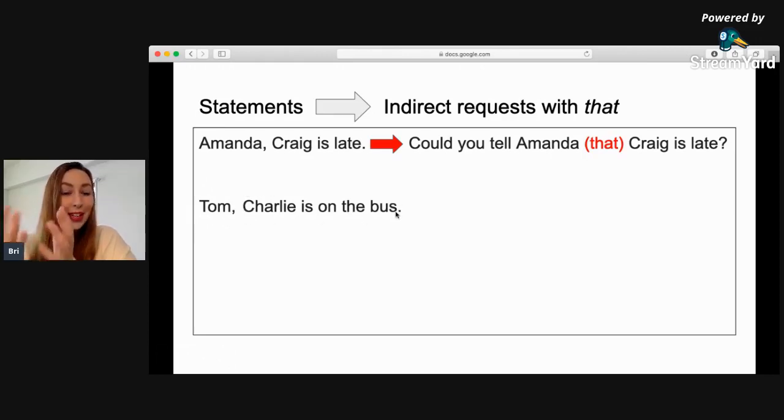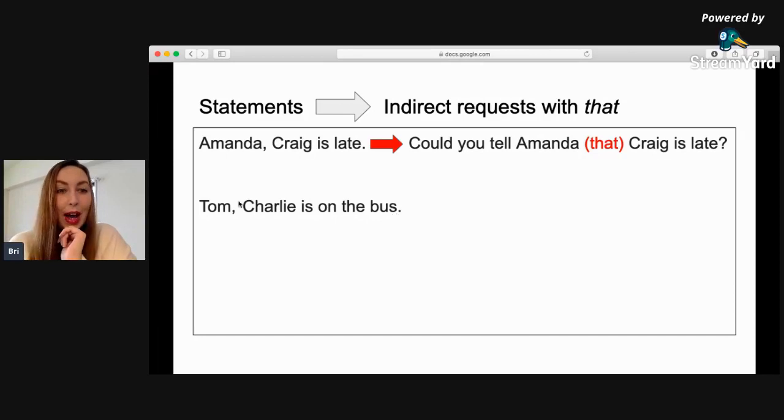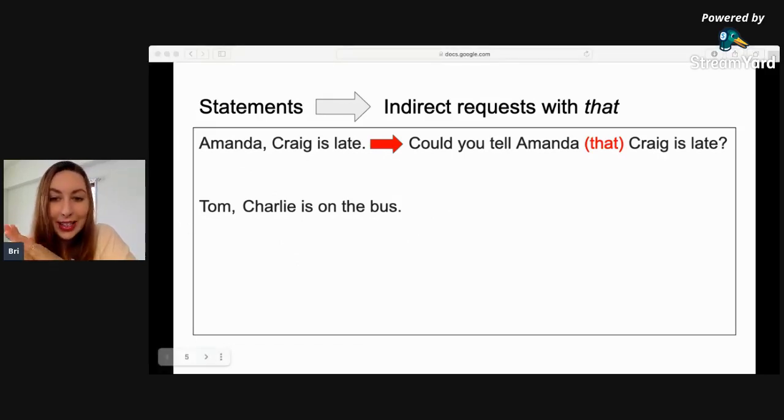But what if I don't know where Tom is, or I don't have time to talk directly to Tom? We need another person to tell Tom this information. So how would we change this? Maybe this one we could use can. How would we change this? Okay, very good.